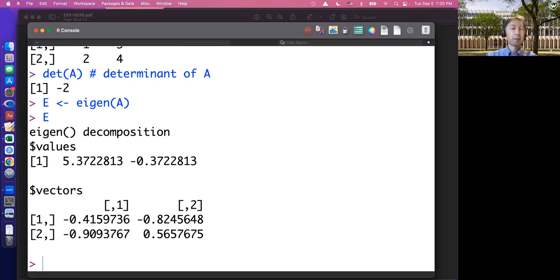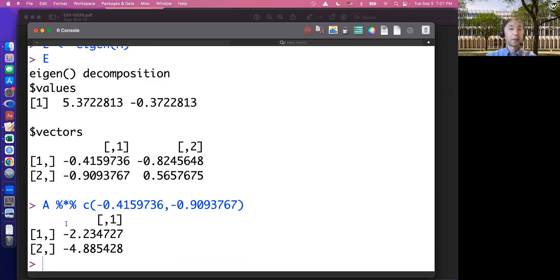Maybe we can, okay, so negative 0.4159736 and negative 0.9093767, then we get this vector, and this negative 2.23 is just 5.37 times larger than negative 0.41, and the negative 4.88 is 5.37 times negative 0.909.